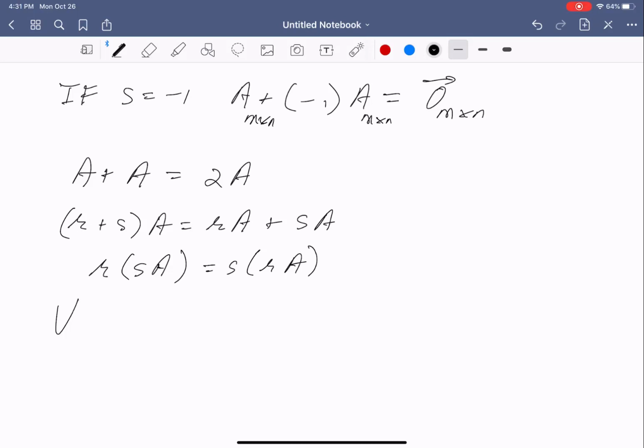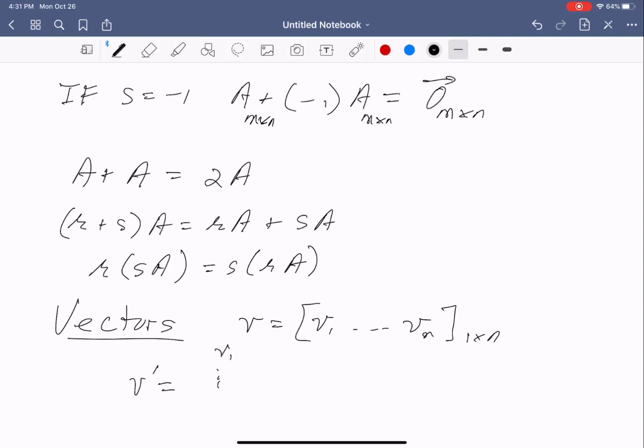Okay, vectors. We've already talked about vectors to some extent, but we usually denote them as v1 through vn. So this is a row vector that's 1 by n. All right, v prime or v transpose is then equal to v1 through vn, and it's n by 1. And let's just call that one u.